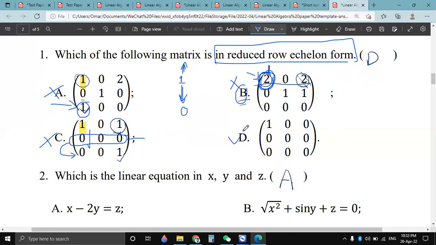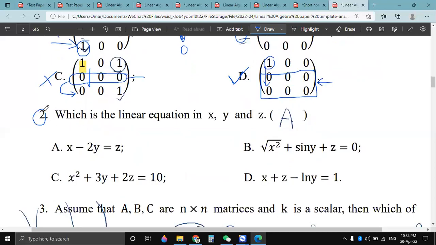And for the fourth option, we have the first pivot point here, and all the entries below this pivot point are 0, and these two rows contain all 0 entries, so they are staying at the last. So we can say that this is RREF. Okay.